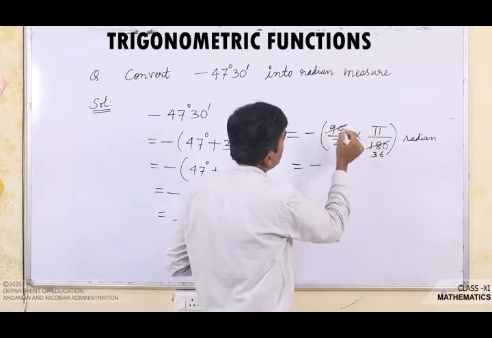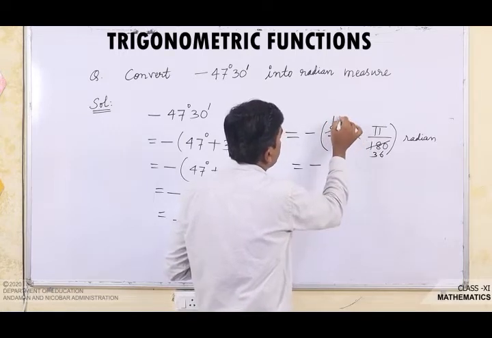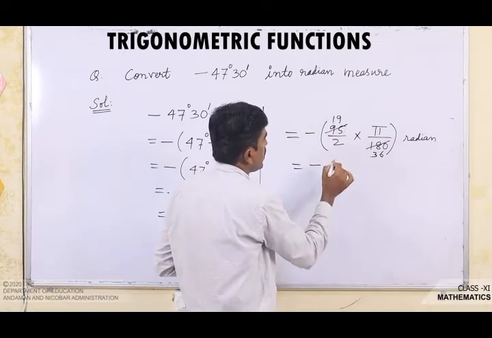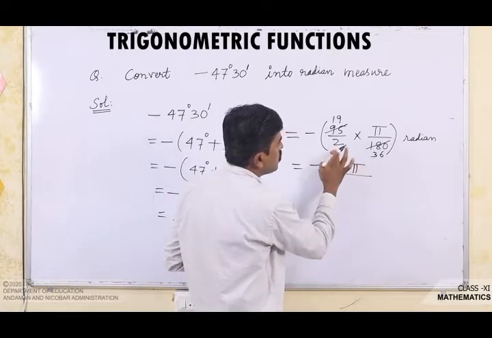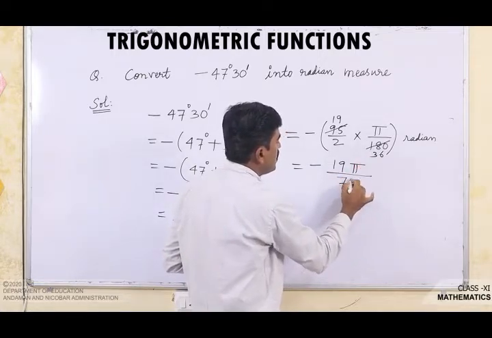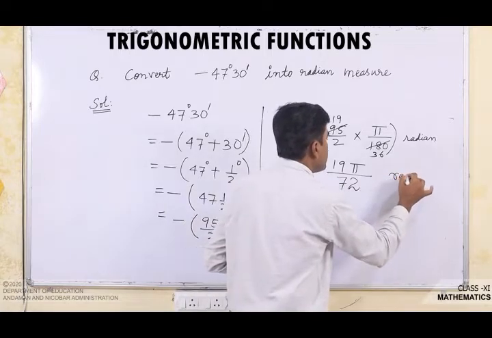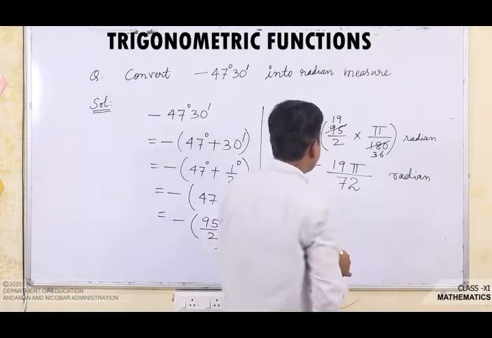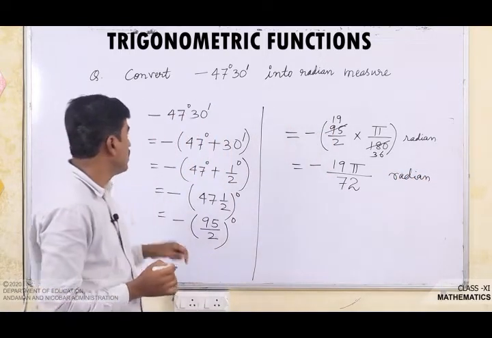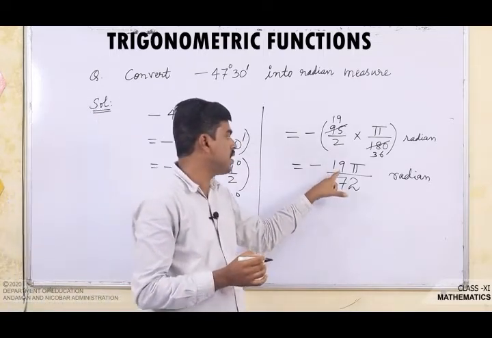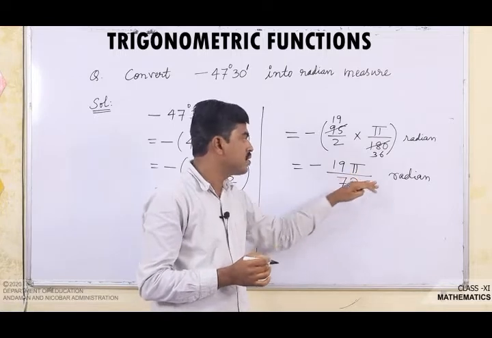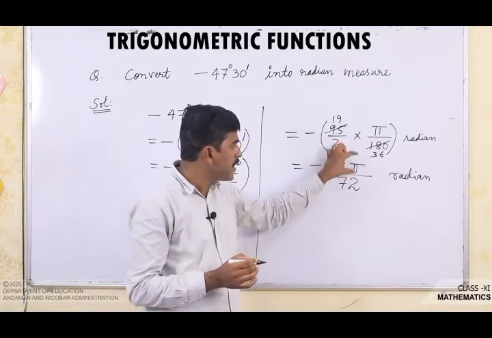Now it is 5 1s are 5 9s are 45. So we can write minus 19 pi divided by 2 into 36 is there, so 72. So it is minus 19 pi by 72 radian. So minus 47 degree 30 minute is equals to minus 19 pi by 72 radian. Leave it in pi itself.